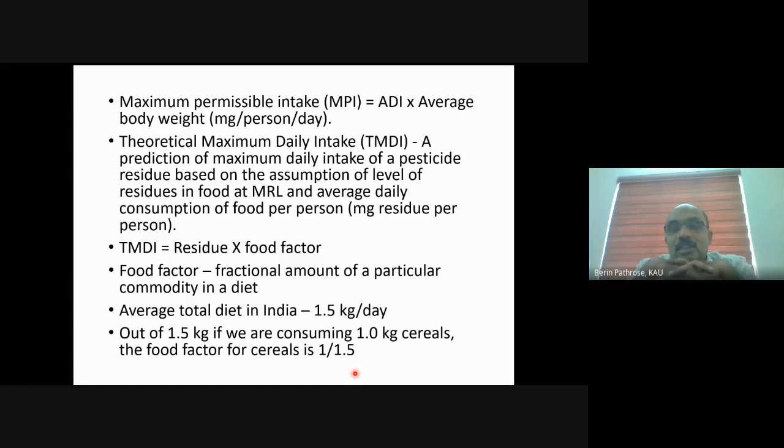So for a particular pesticide, we have the ADI value and we will multiply it with the average body weight of an Indian, say 65 kg. The NOAEL calculated by Abhishek in the earlier example was 1 ppm.